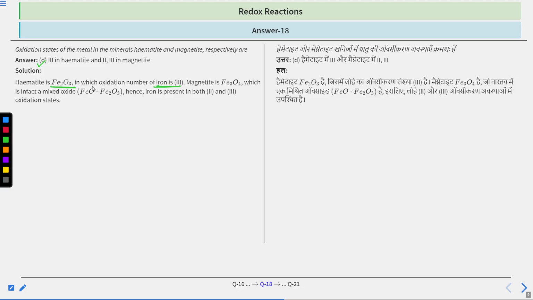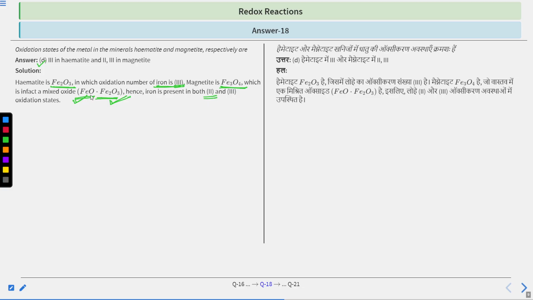So in hematite, the iron oxidation number is +3, and magnetite is Fe3O4, which is in fact a mixed oxide of FeO and Fe2O3. Hence iron is present in both the second and third oxidation states, because in Fe2O3 we just found it is +3, and in FeO, O is -2, so X - 2 equals 0, X is +2, so the iron oxidation number in FeO is 2.